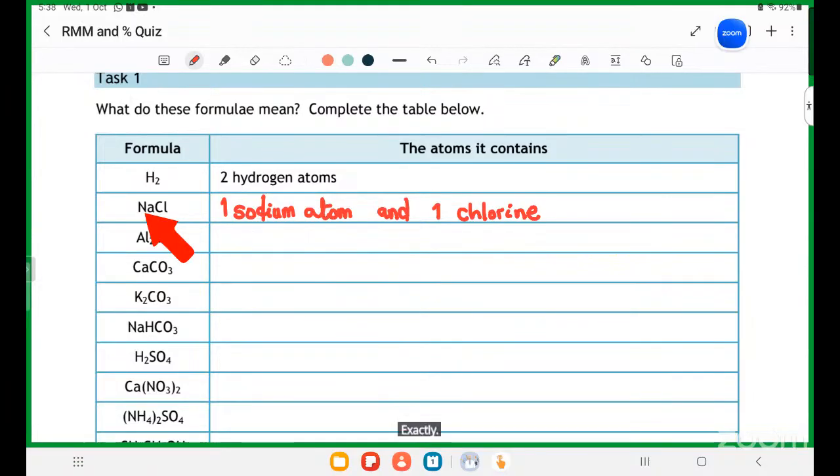Good. Then for this one, Al is aluminum.